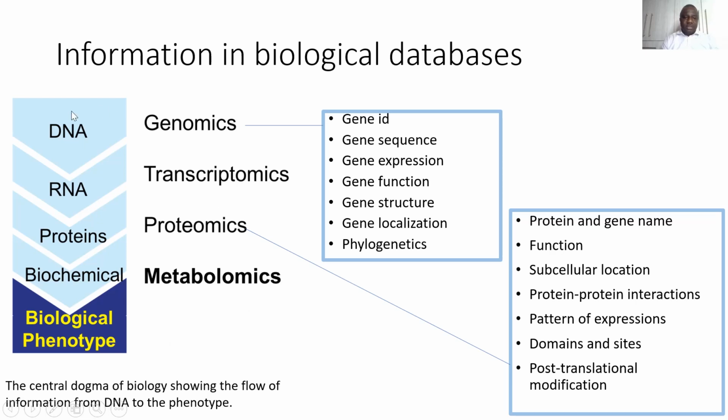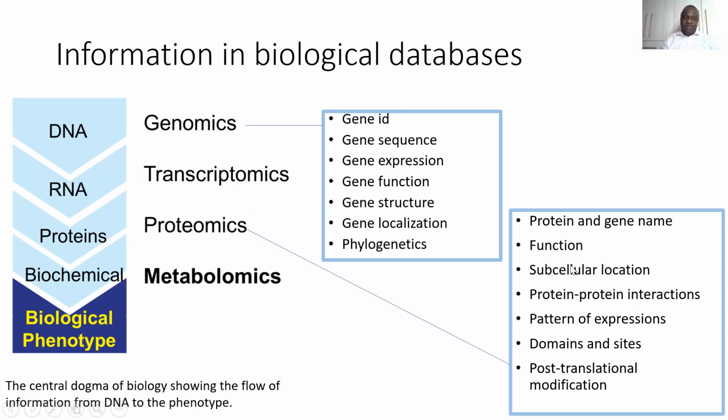If we have a lot of information on all these processes, we are able to give a better explanation to the biological phenotypes that we see. In terms of specific information in the genomic category, which we're going to focus on a bit, we have the gene ID, the gene sequences, the gene expression levels, the function of the gene, the structure of the gene, and the rest of them.